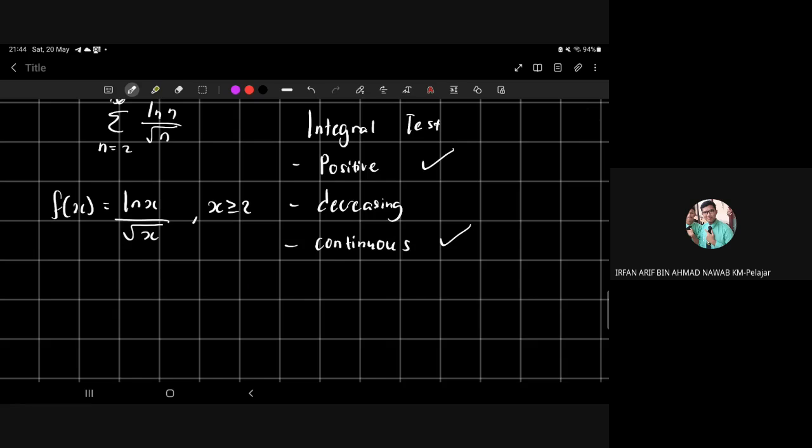There are two ways to show it is a decreasing function. One is to use the inequality, with u subscript n and u subscript n plus 1. This is the current term, and this is the next consecutive term. If you could show that this is always larger than this for all n, then it is decreasing. But for a log function divided by some function, it's going to be tough to show it that way.